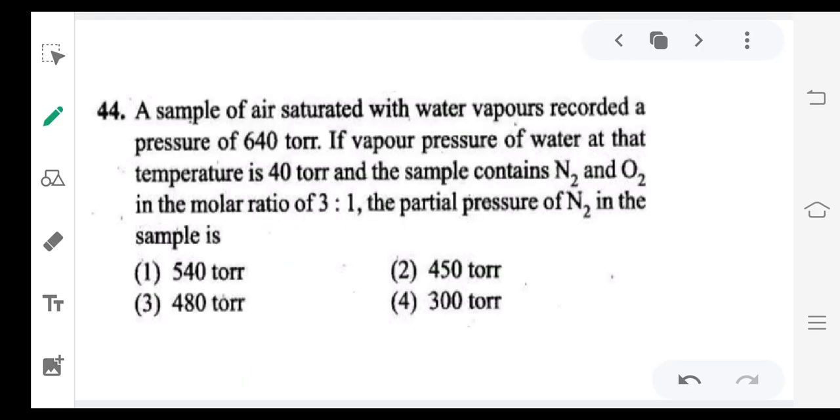Next, 44. A sample of air saturated with water vapor recorded a pressure of 640 torr. Saturated with water vapor means this is wet gas. So wet gas pressure they have given is 640 torr.